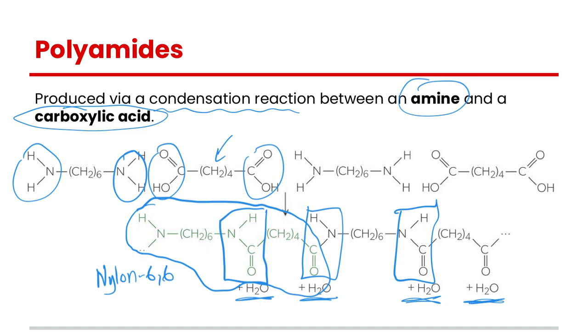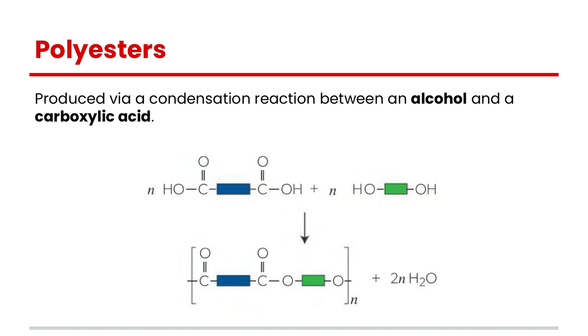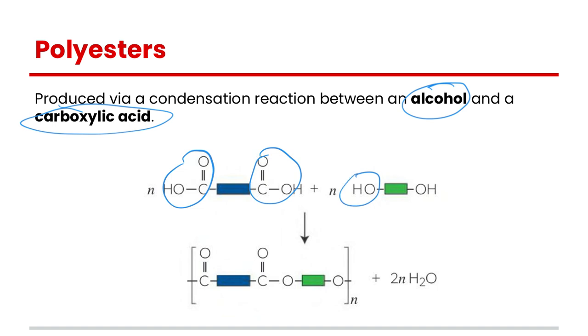Now, polyesters are another type of condensation polymer. So polyesters are produced through a condensation reaction that happens between an alcohol and a carboxylic acid. So in just sort of a generalized term, if we have molecules that have carboxylic acids on each end and we react it with a molecule that has alcohols on each end, so we have a dicarboxylic acid and a diol or a dialcohol, then we create ester linkages.